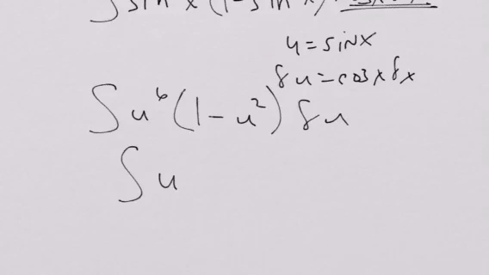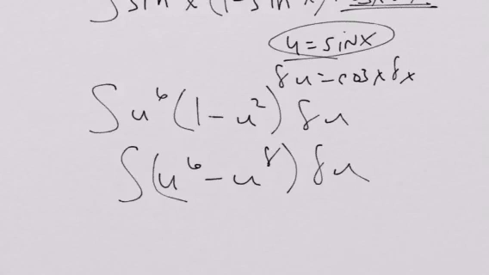Again, something with just using power rule. U to the 6th minus u to the 8th. And so we're just using a power rule to integrate this one. Again, at the very end, making sure u equals sine x. So that's one of the ideas from section 4.